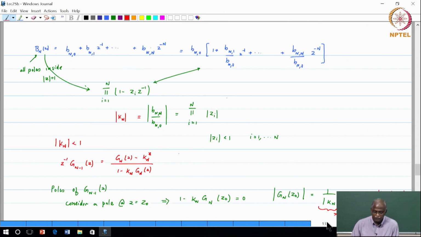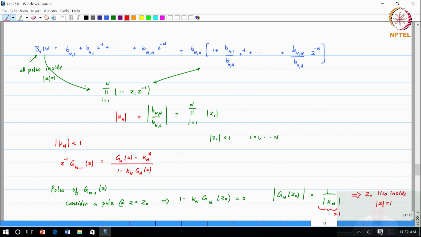I am sorry, in that we are only saying the denominator going to 0 as a pole, when you have a rational transfer function. No, the numerator is a polynomial, denominator is a polynomial. When you rewrite it, you can rewrite it as polynomials. Basically, it's a polynomial on the numerator. Gn of Z minus Kn star is rational. Yeah, but you can rewrite it as a polynomial.